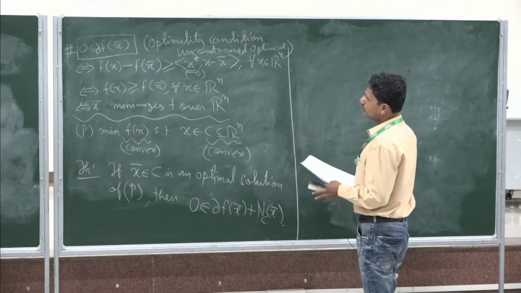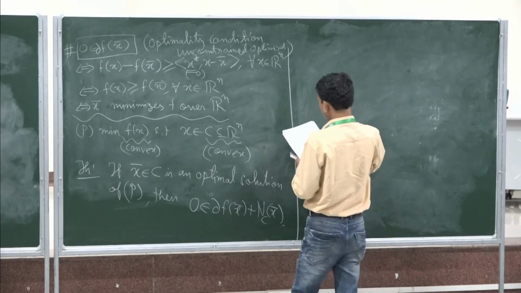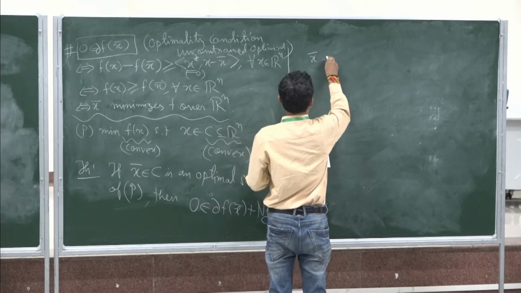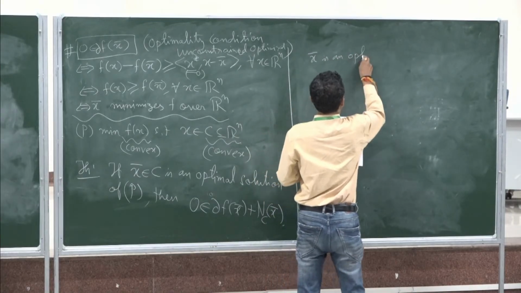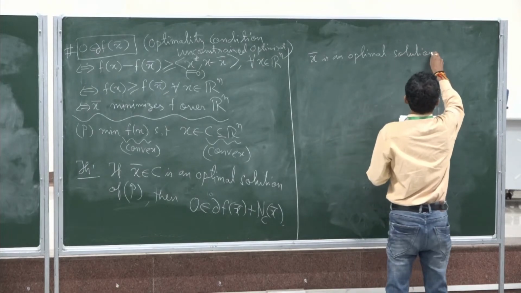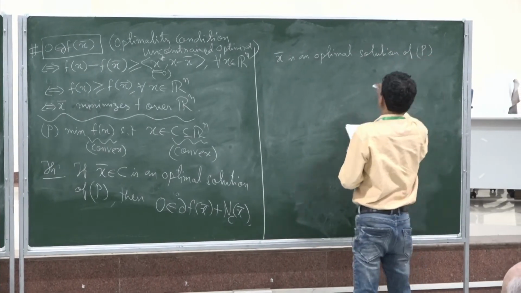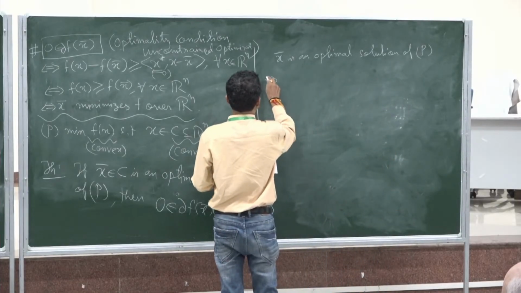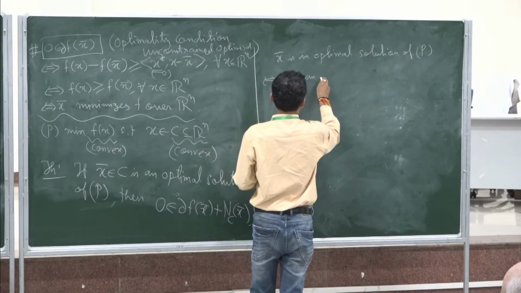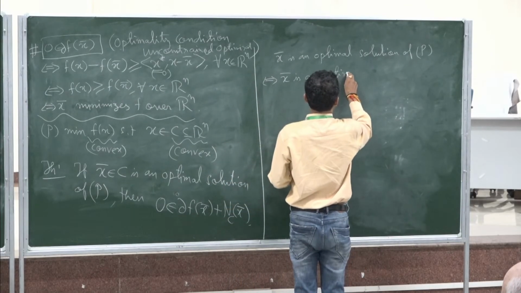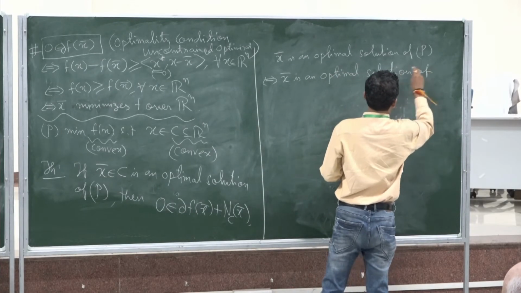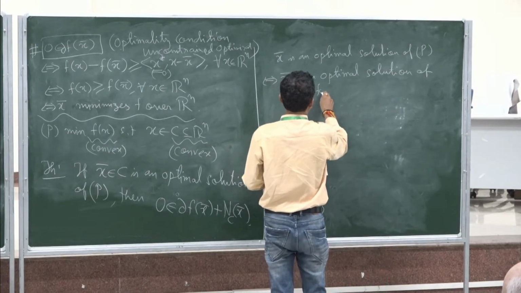Okay, so this problem can be written as: x bar is an optimal solution of P, and this is equivalent to saying that x bar is an optimal solution of the following problem.